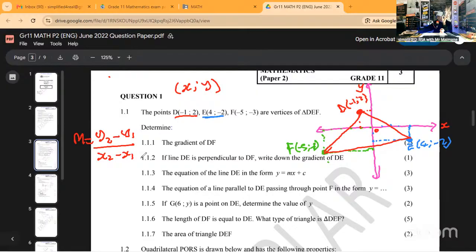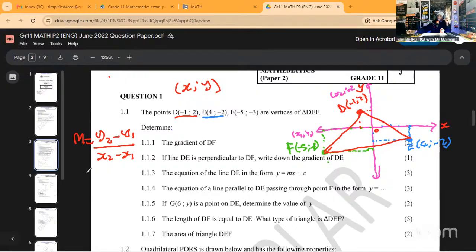That's how I would calculate the gradient of DF for 1.1.1. And then for your gradient, you will know how to do your thing. You can choose this as your x1, y1, and then you can choose this as your x2, y2. It doesn't really matter which one you go with, but it has to come out from one point to another.